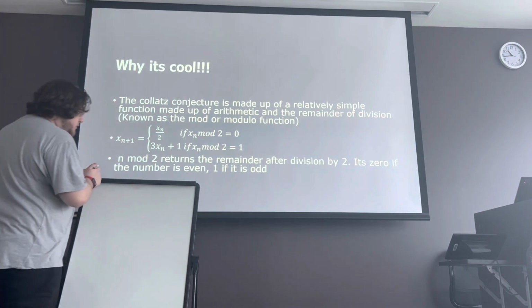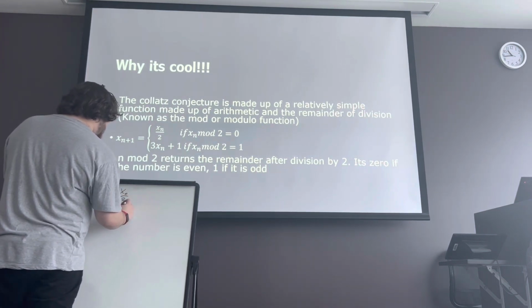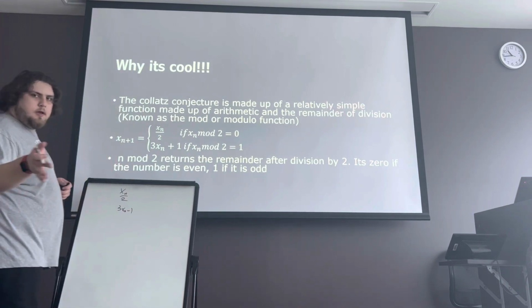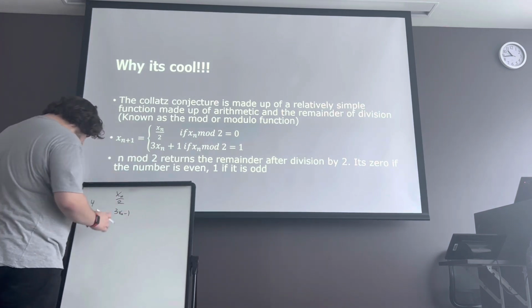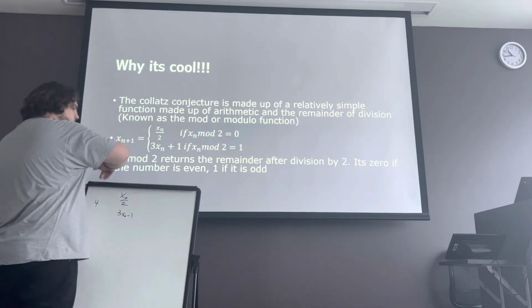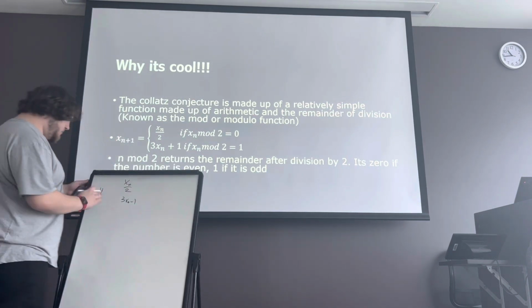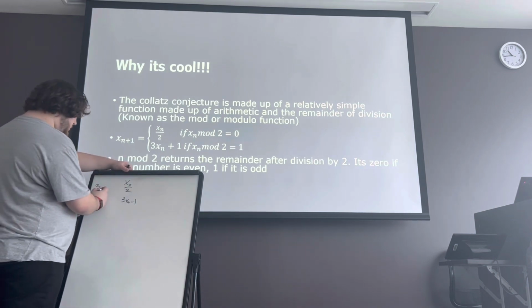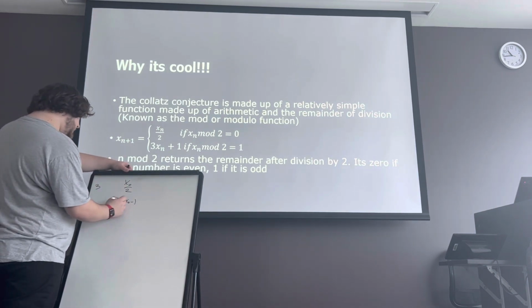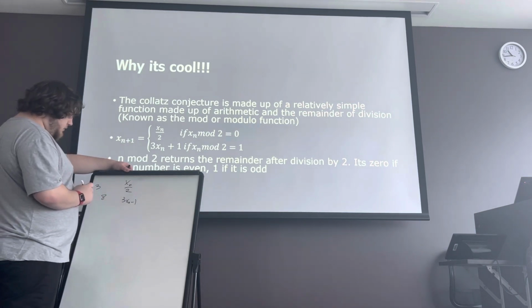I would do x_n over 2 or 3x_n - 1, and I start with 3. Why is this going down? Okay, I did it with 3. That's 9, that's 8. That would also collapse down to 1.